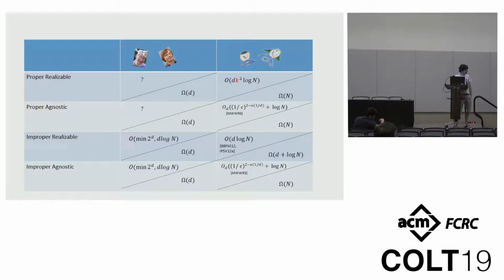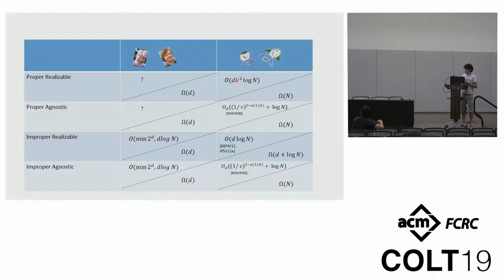Okay, so it is interesting to compare the two settings and see how our results relate to sample compression. I'm not going to go over this whole table and all these results, but I'll just highlight the main results that I find interesting. For example, if you look at the proper case, what's the sample complexity of proper learning?